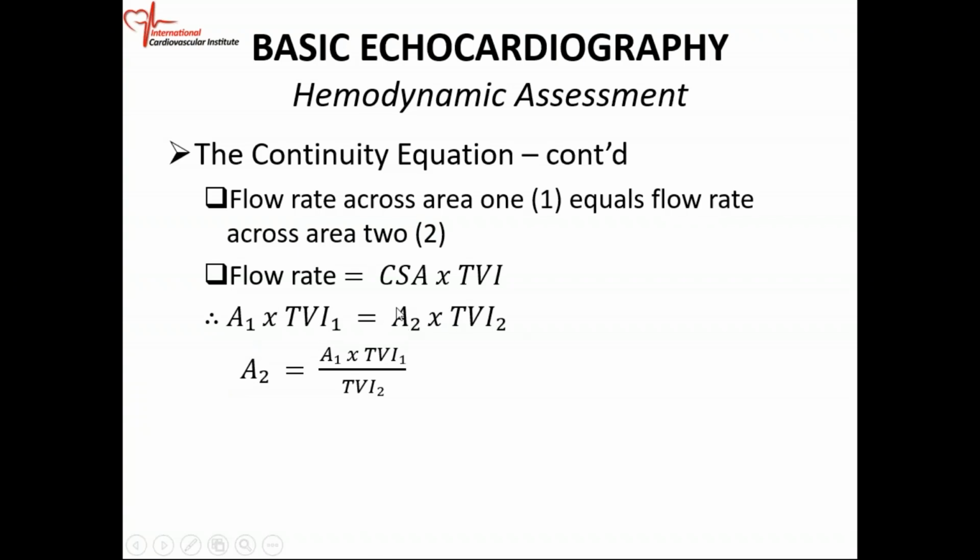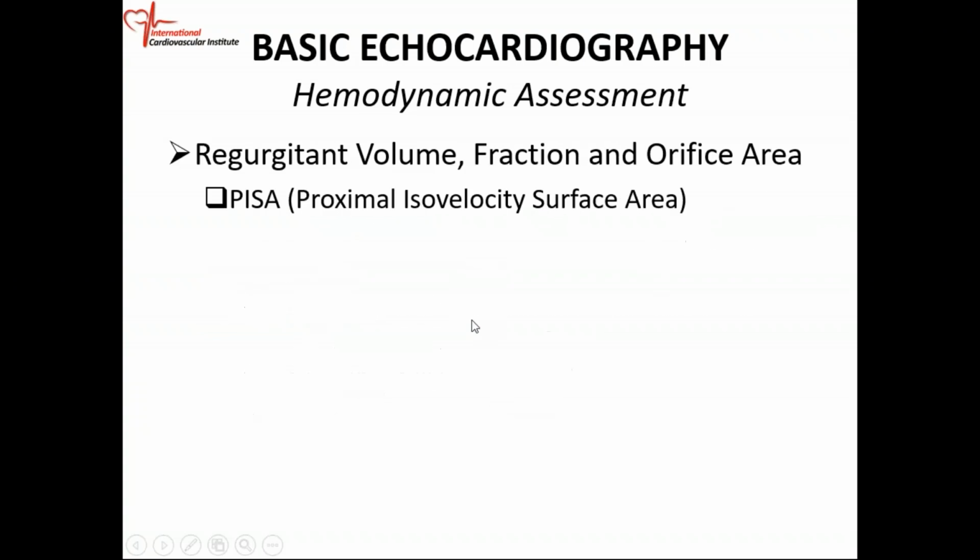Sorry, let's use this as the aortic valve, and this is the LVOT. Okay, so A1 is the cross-sectional area of the LVOT. A2 is the cross-sectional area across the aortic valve.